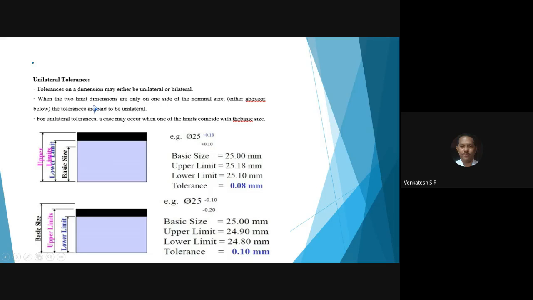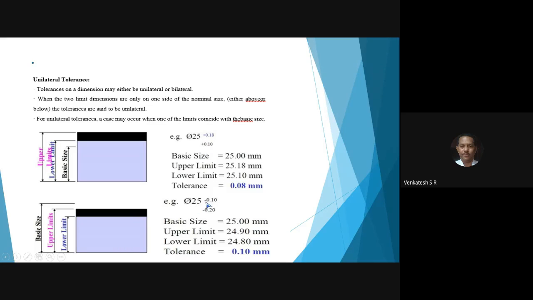All of you analyze the diagram. Here, this is the component. This is the basic size, lower limit and upper limit. If you specify the limits on both sides, positive and negative, that is upper limit and lower limit, then it is called bilateral tolerance. Suppose you specify the limit in only one direction, both the limits are positive here, it is called unilateral tolerance.